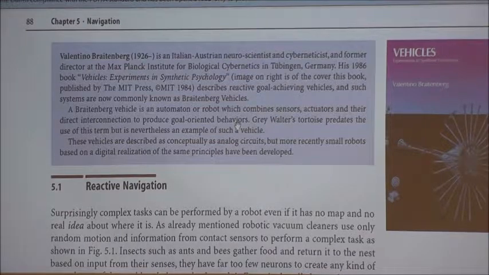Okay, this is essentially the subject of that book.